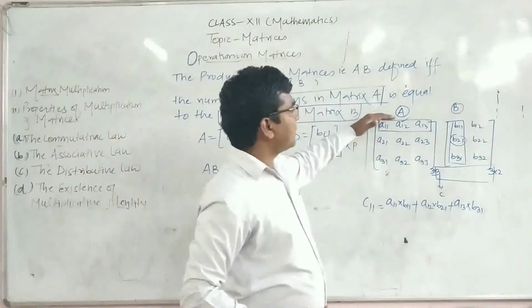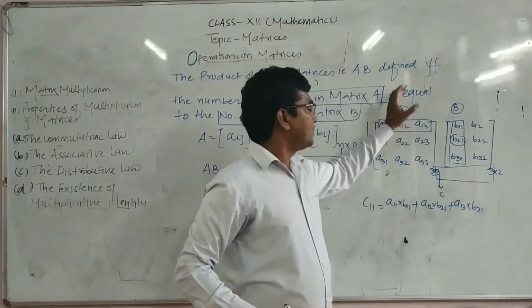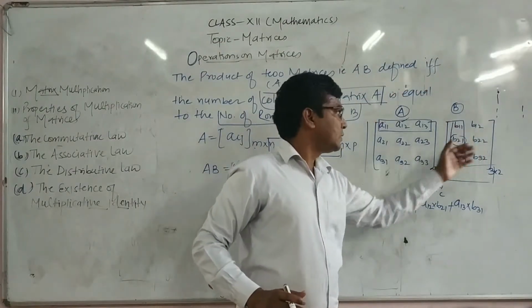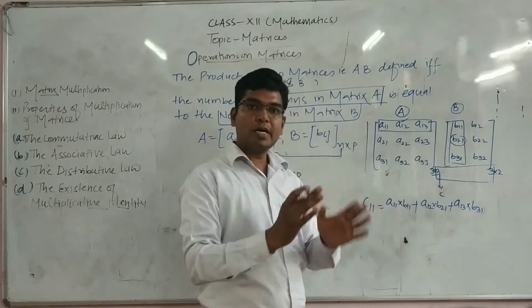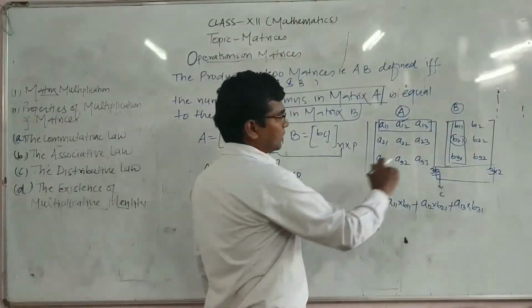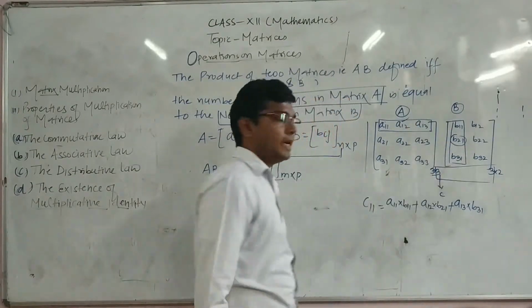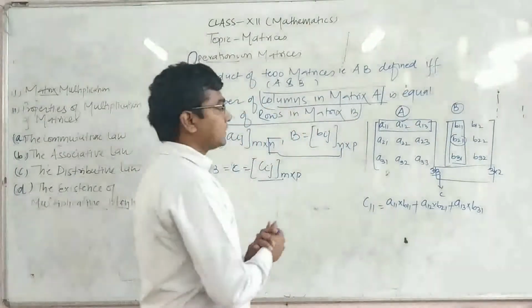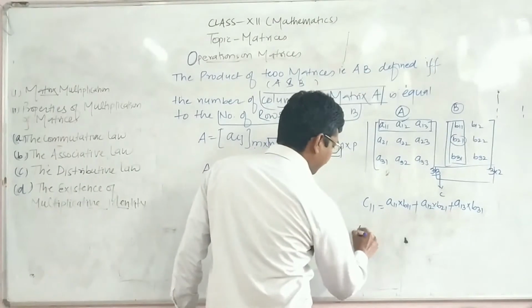Similarly, after this row is multiplied by the columns, the next row follows the same process.